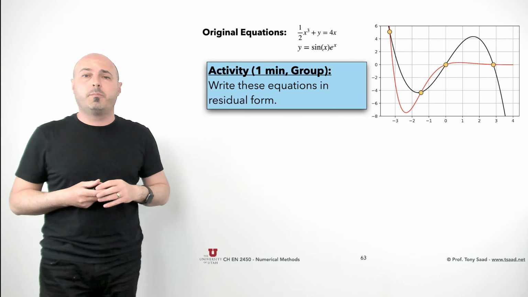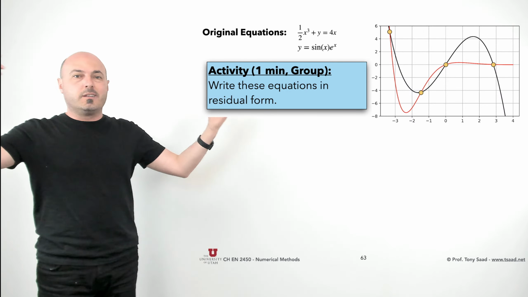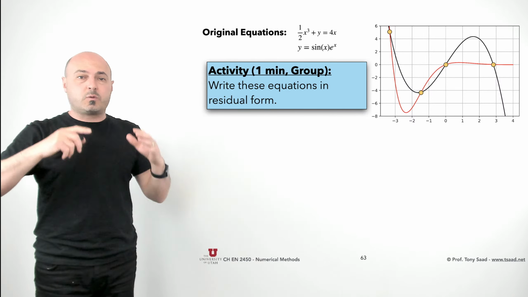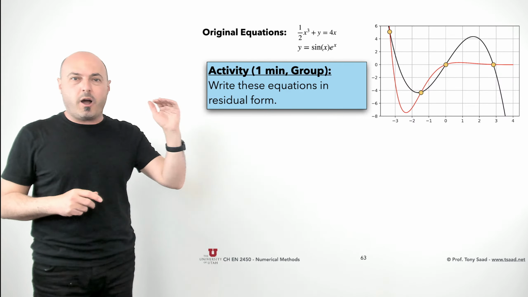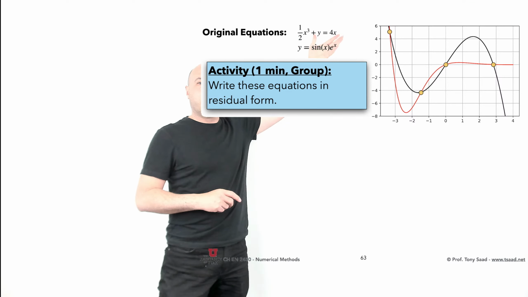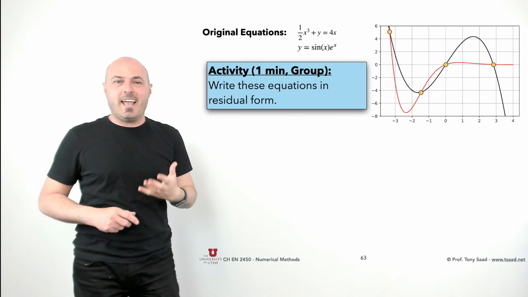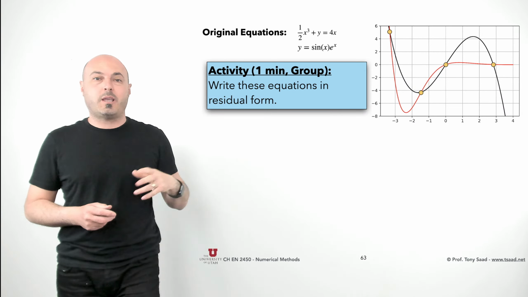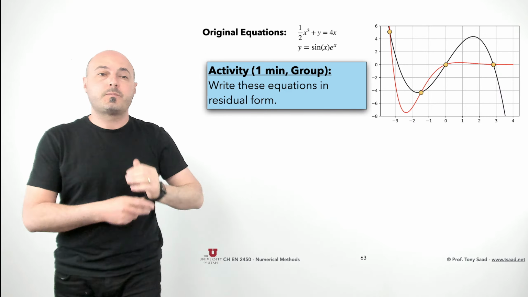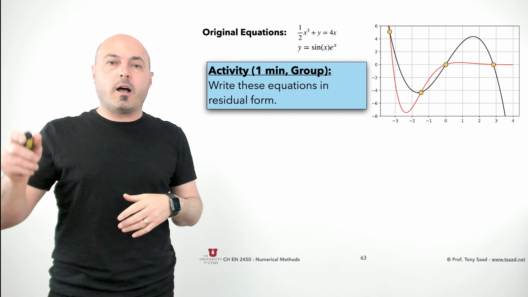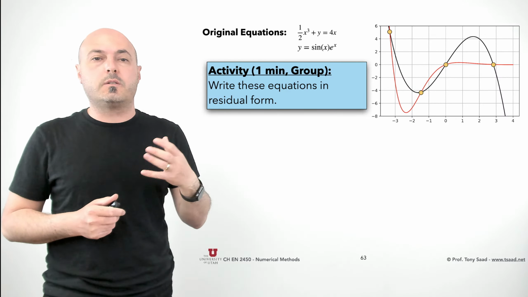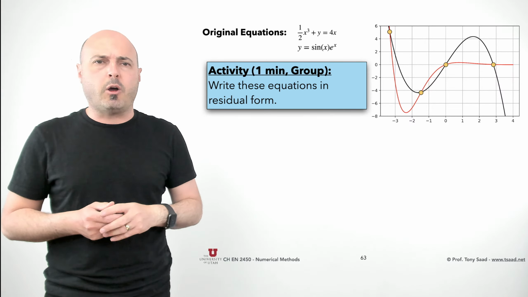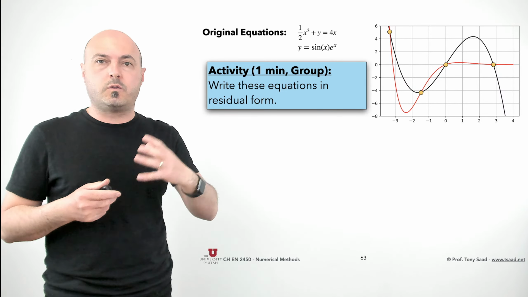Remember, rather than intersecting with some arbitrary curve or value, we just want to intersect everything with y equals 0. In other words, move everything to one side, and that gives you your residual function. However, here we have two residual functions because we have two equations. So go ahead and try, call those residual functions R1, R2, or F1, F2. We've been adopting the F nomenclature, so just do F1, F2.